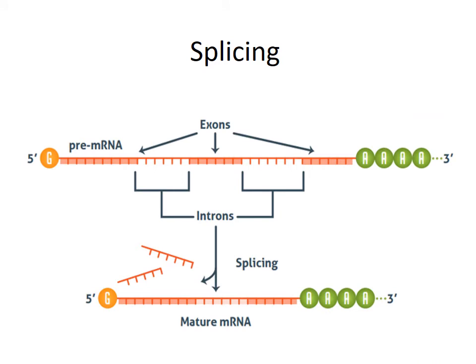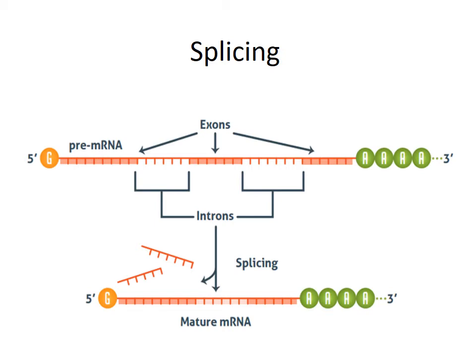And last but not least, the event known as splicing is the most important part of RNA processing. When we talk about splicing, first of all we should know that after transcription, the RNA we get consists of two kinds of sequences: coding sequences, which are the exons, and non-coding sequences.